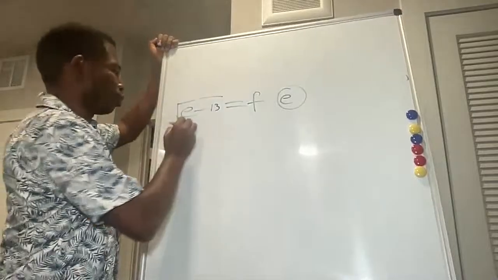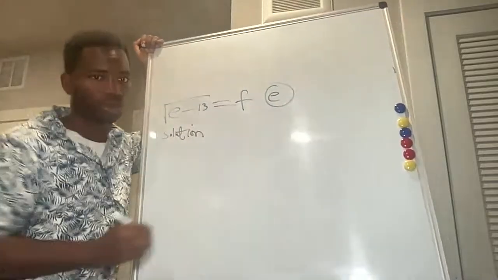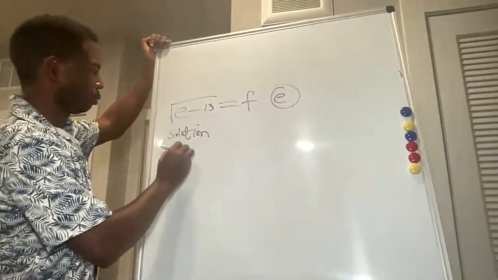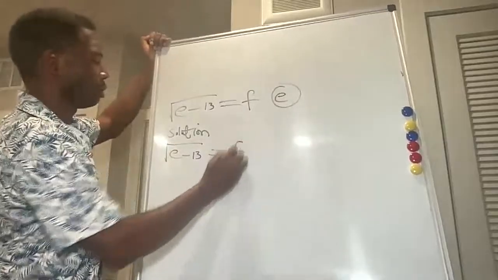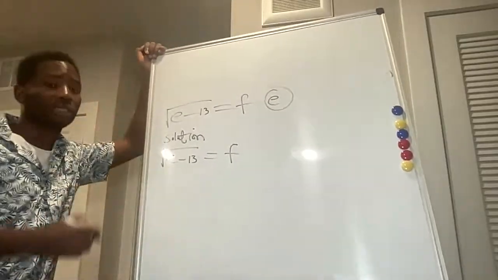Now, you say solution. Bring your equation: the square root of (e minus 13) is equal to f. Now, what next again?